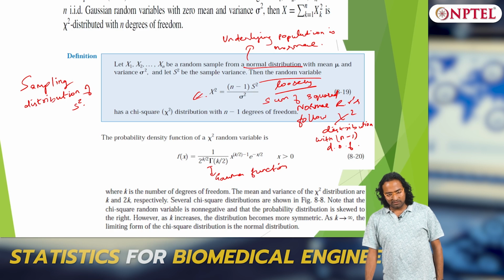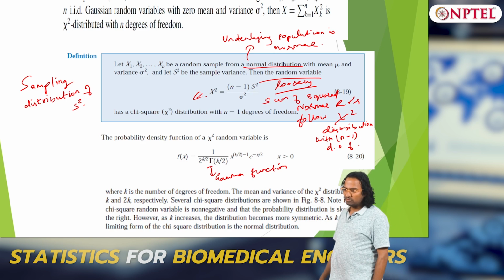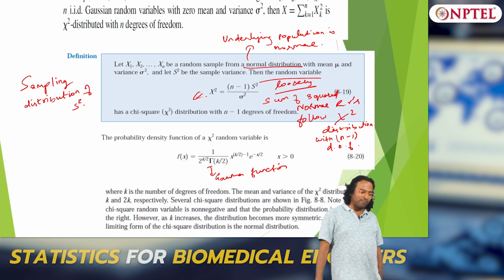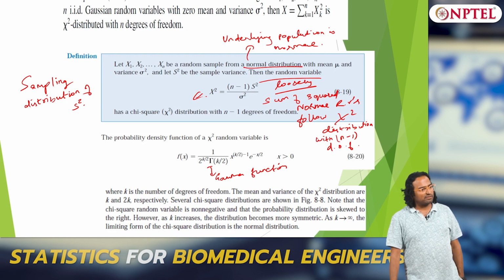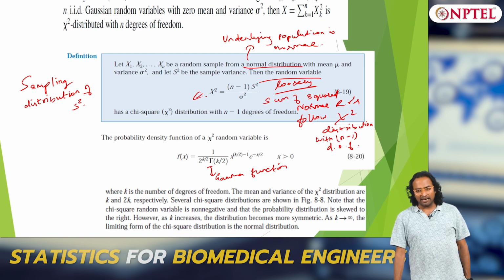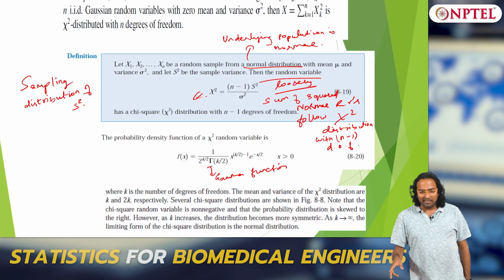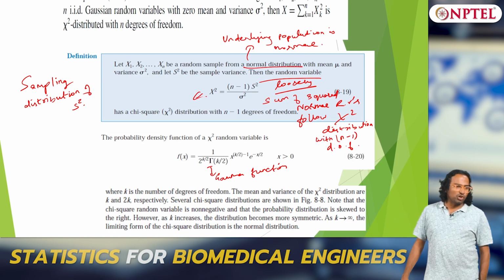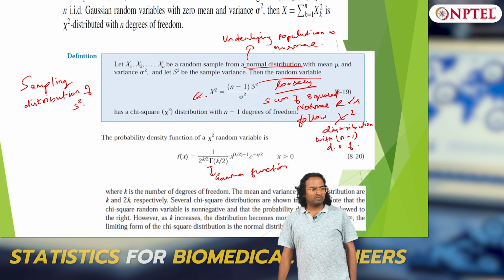Unlike the normal distribution, it is not plus or minus, it is a ratio of sample variance to population variance. Whereas in your CLT it is x bar minus mu, a subtraction, here the ratio of S squared by sigma squared follows the chi-square distribution.